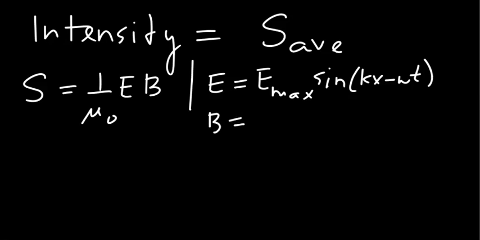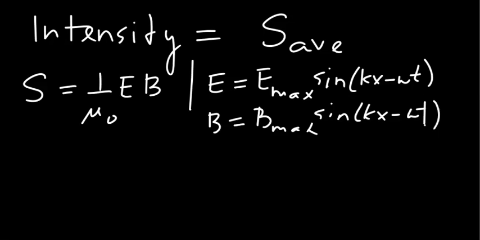Likewise, the magnetic field is the amplitude B max times sine of kx minus omega t. We note that these terms are identical because they belong to the same wave. So the wave is traveling along the positive x-axis.